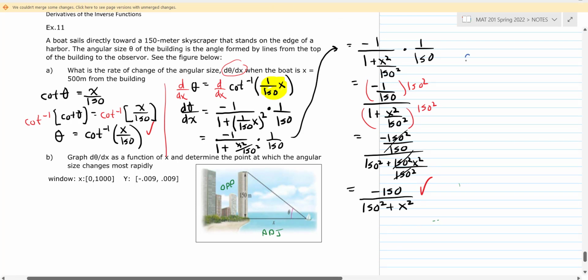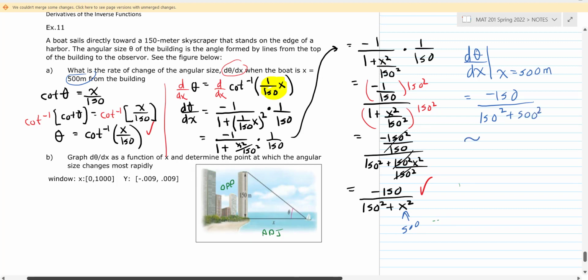So now what we want to do is find d theta over dx, evaluated at x equals 500, since they say when you're 500 meters away from the building. So we're just going to plug that in. We're going to have negative 150 over 150 squared plus 500 squared.